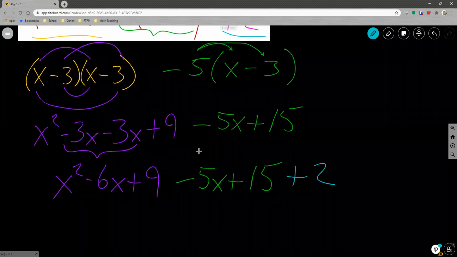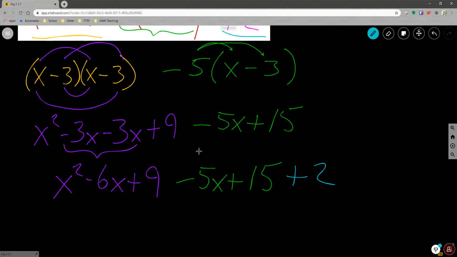So this expression is a mess. Let's go ahead and clean it up. I've got x squares, which I've accounted for. I don't have any of those to combine. I've got some x's, negative 6x and negative 5x. So I bring down my x squared, negative 6x and negative 5x. Those combine to negative 11x.